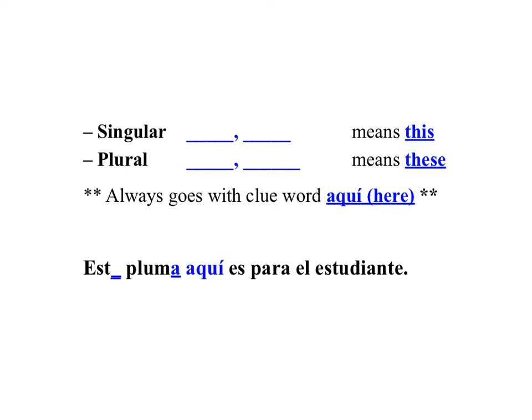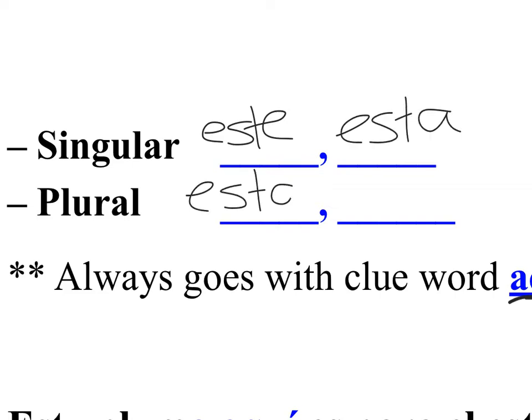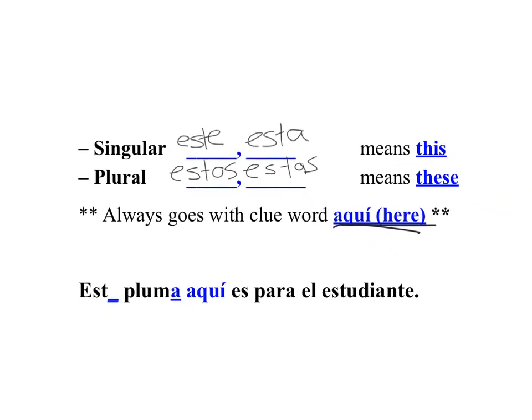So this word that's always going to go with the clue phrase aquí, singular is este, esta, estos is going to be the plural, and estas is going to be the plural as well.